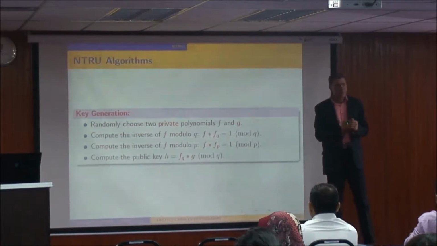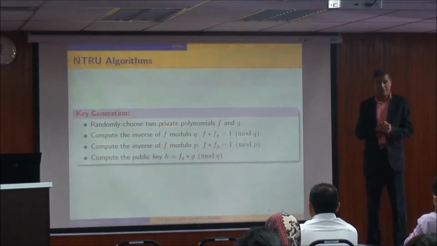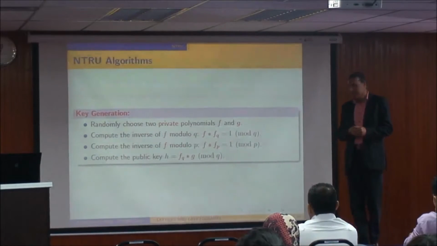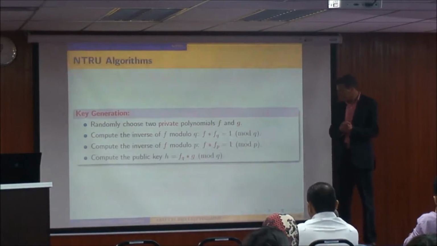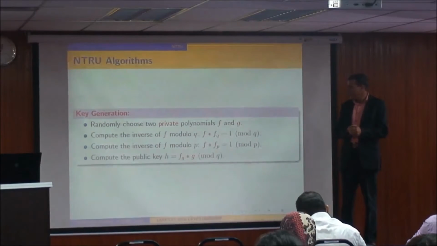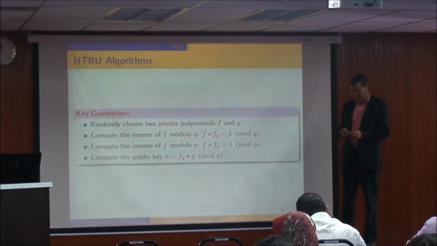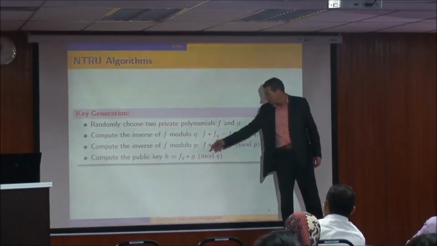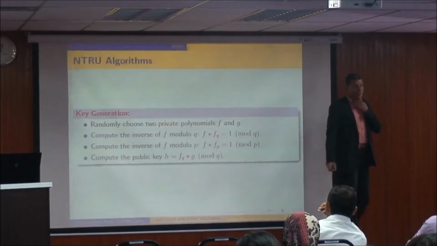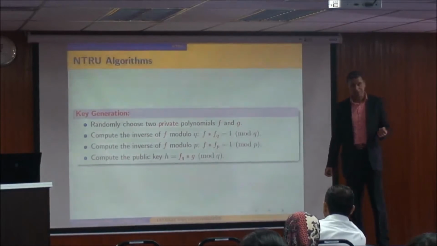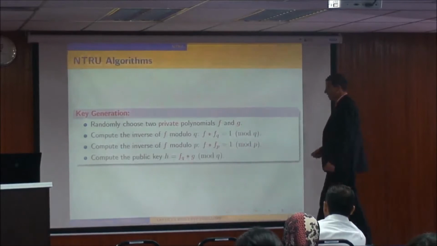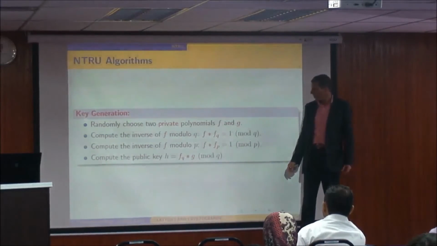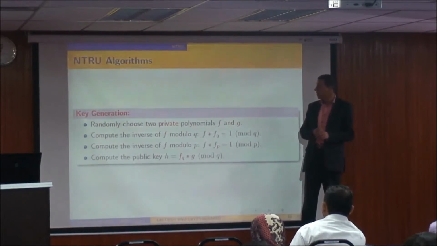Nevertheless, we can transform this into a lattice problem and apply the LLL algorithm to solve this new problem, and we can find f and g when f and g are small. So if f and g are small, we can apply the LLL algorithm and solve this equation, find the values of f and g, and break the NTRU system.